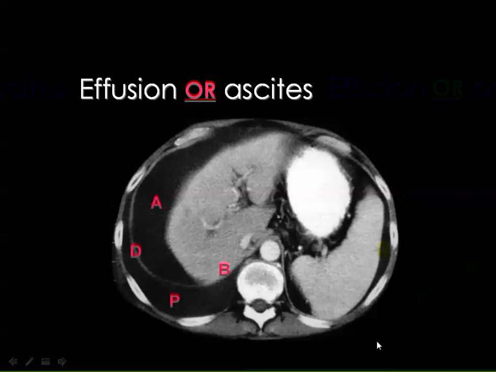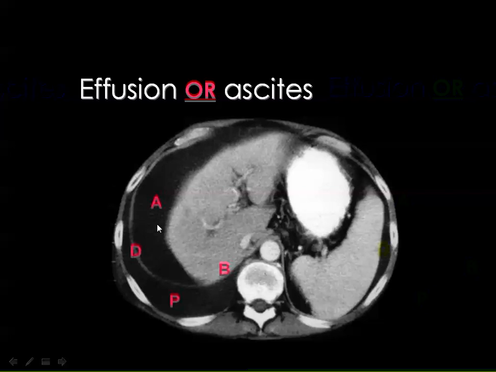Then if you got an effusion and ascites in the same patient and you want to know which is effusion and which is ascites, then you have to identify the cupola of the diaphragm. And this is the cupola of the diaphragm. What is anterior to the cupola is ascites.